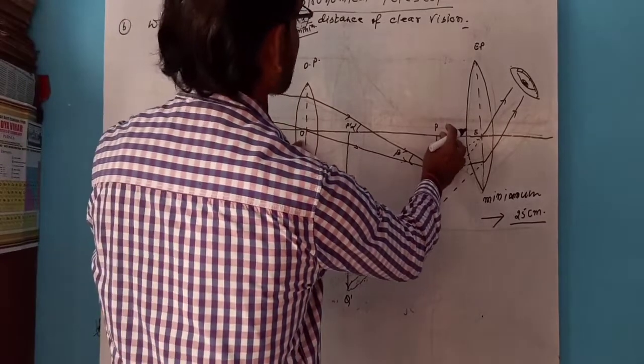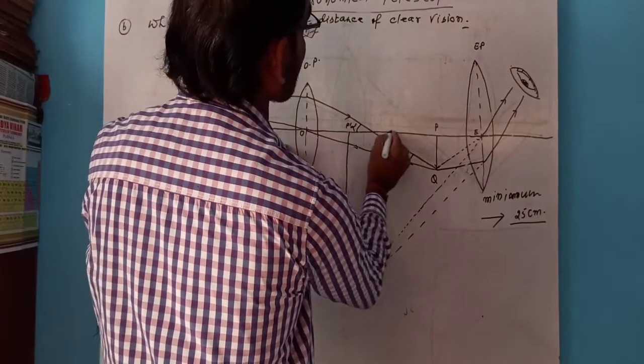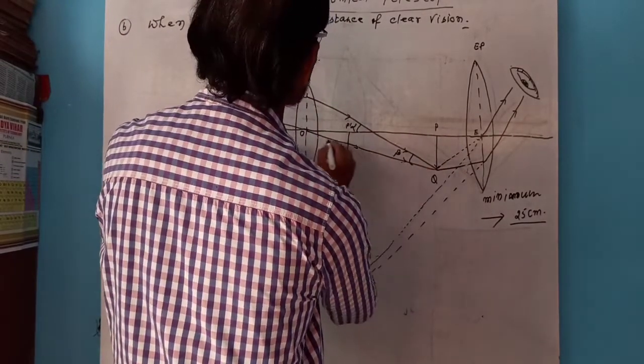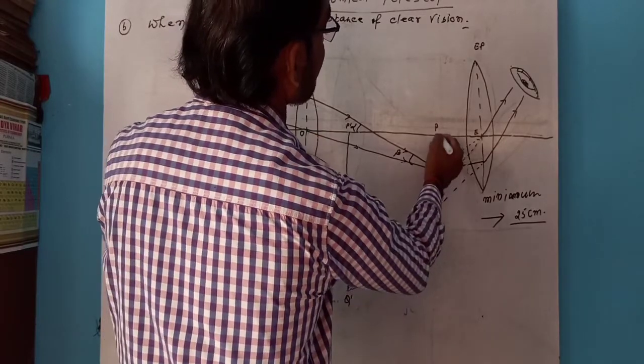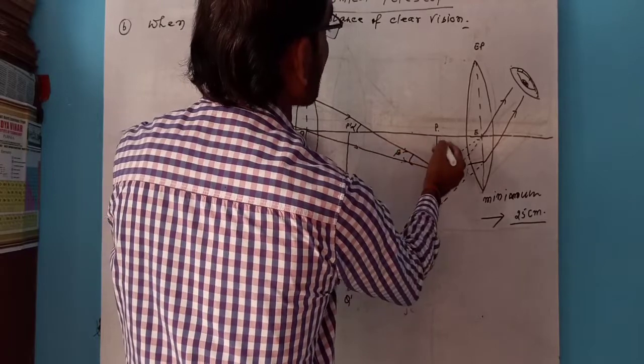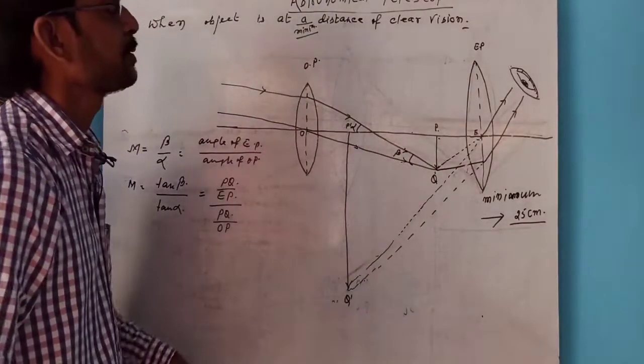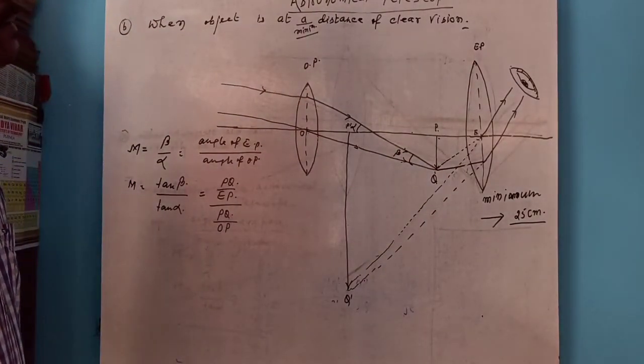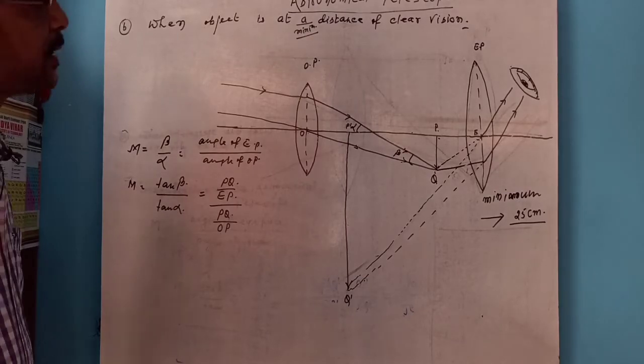This is the base and this is the perpendicular, making a right angle triangle.